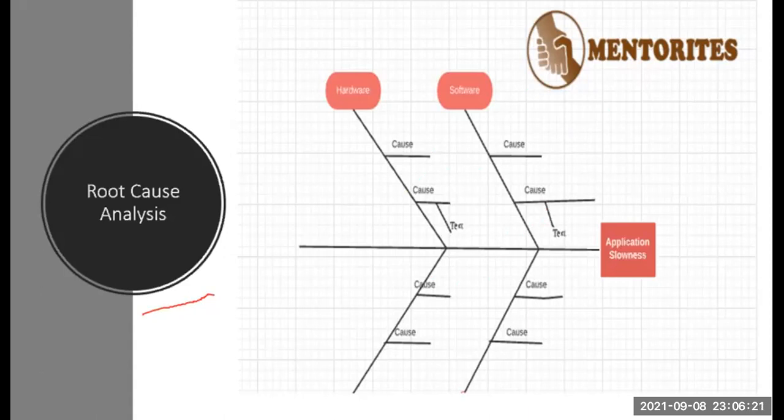diagram. So you can draw a diagram like this. Step one is where you're capturing the issue or problem under discussion.